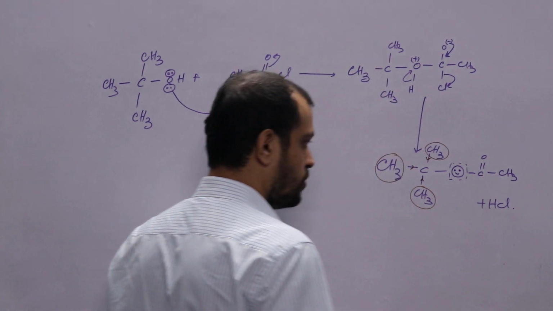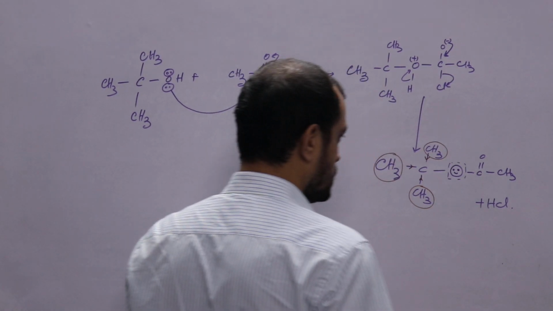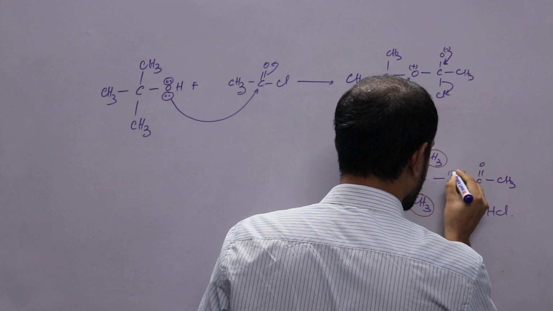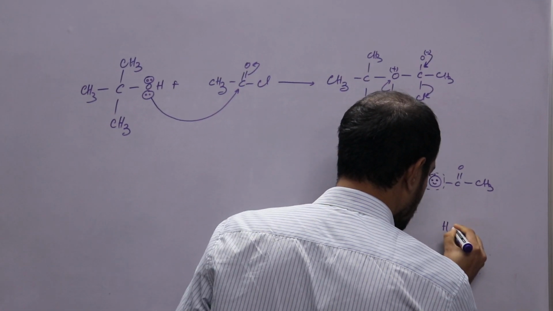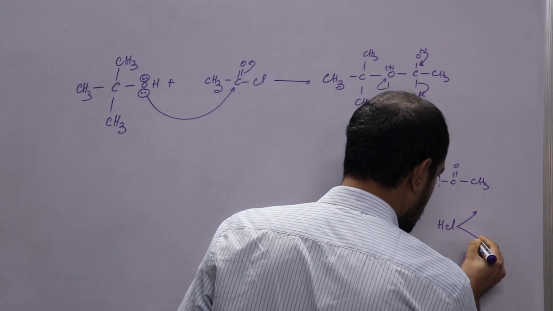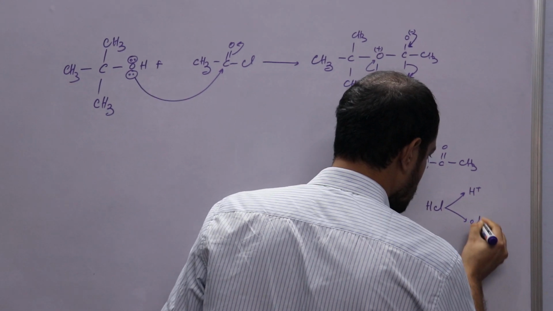Now the point is this, as it is polar, it is becoming negative, and we know HCl, being a strong acid, will readily dissociate into H plus and Cl minus.